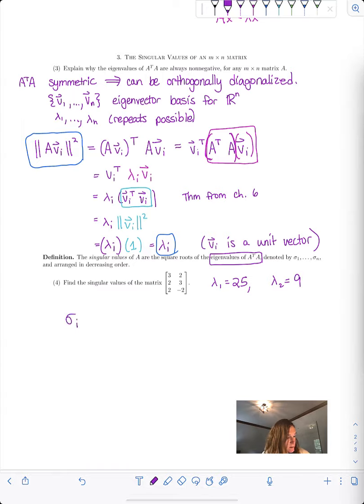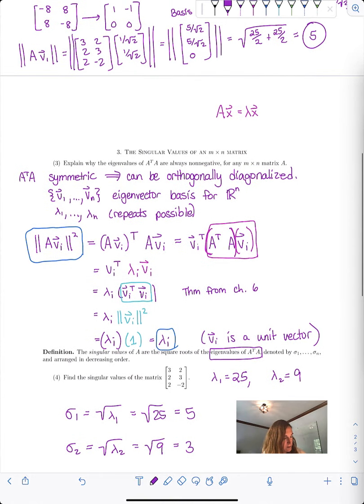So sigma 1 is the square root of lambda 1, so that's just 5. And sigma 2 is the square root of lambda 2, and so that is 3. And that 5 appeared earlier, right? This 5 was actually the length of AV1.